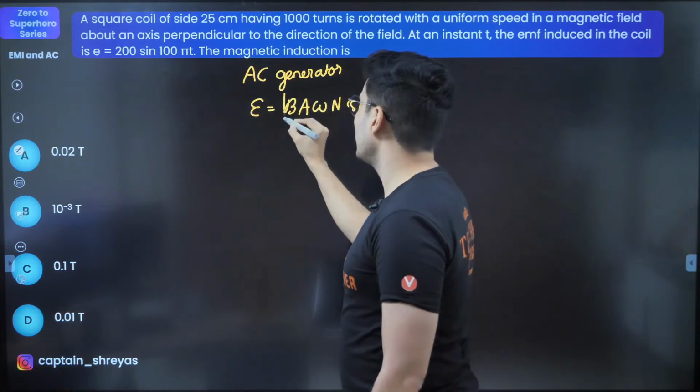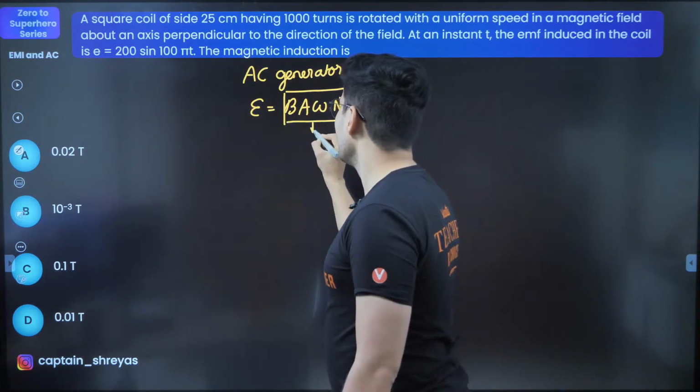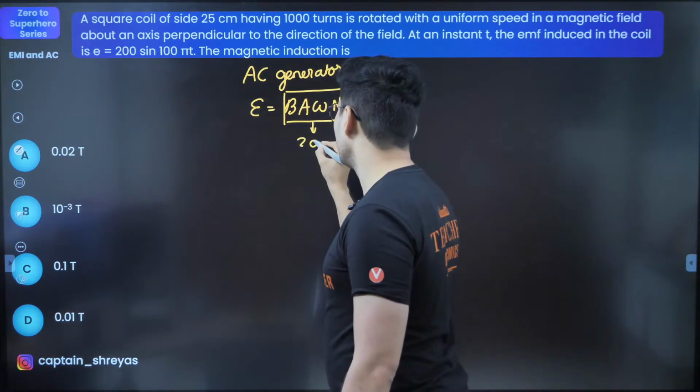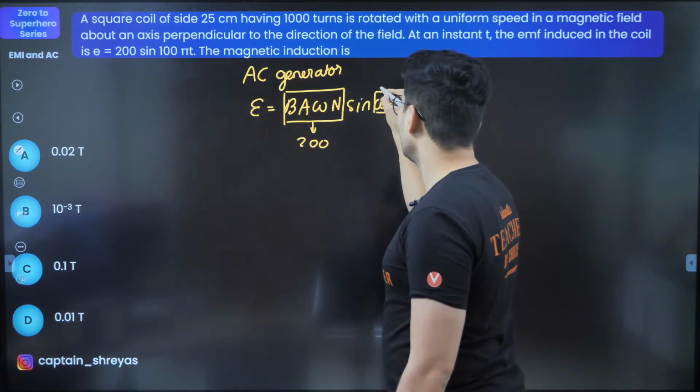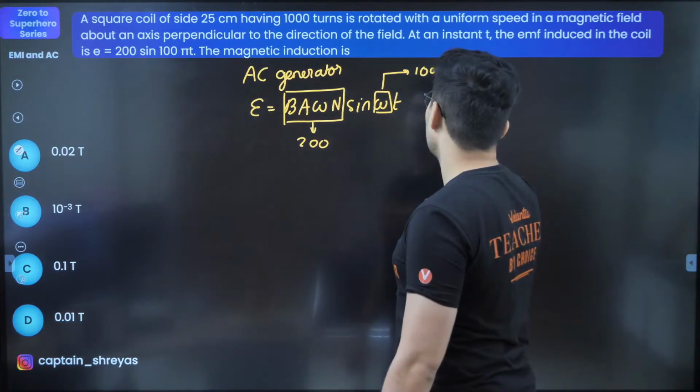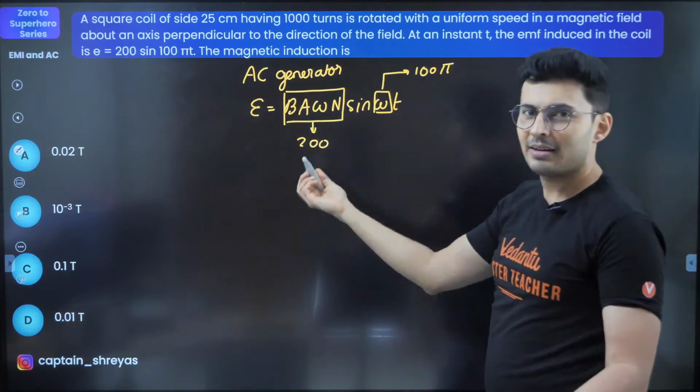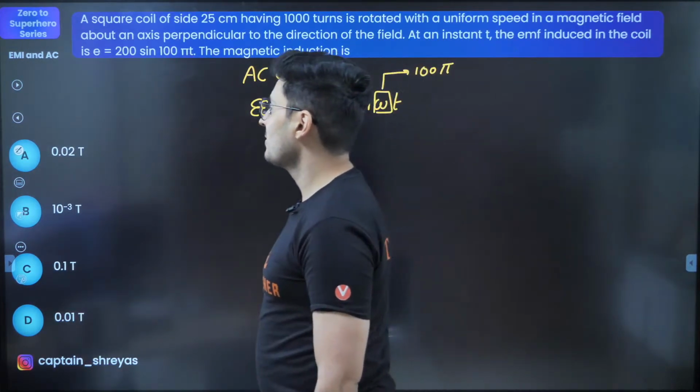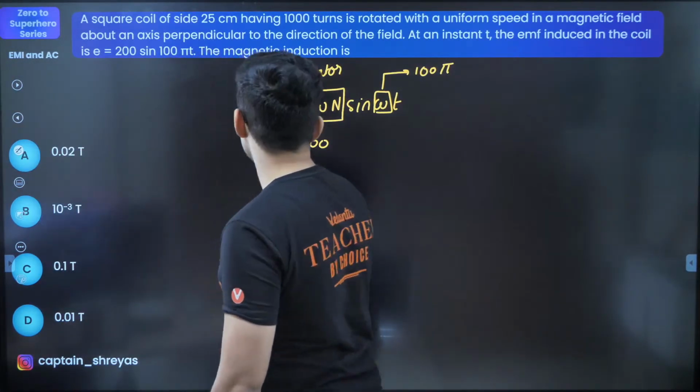Now comparing that, you notice that B A omega N is nothing but 200 and this omega is nothing but 100 pi. Now it's just a matter of substituting the values.